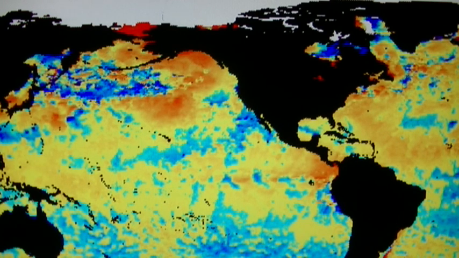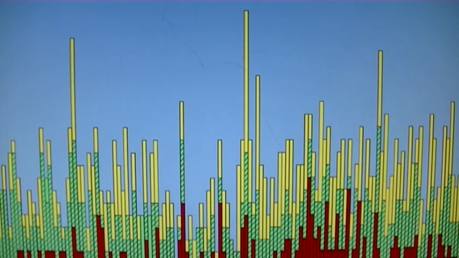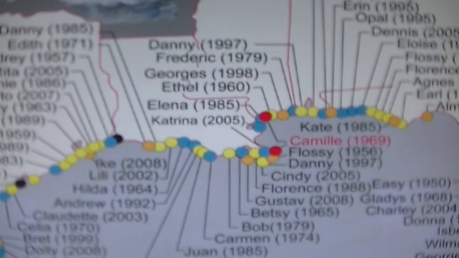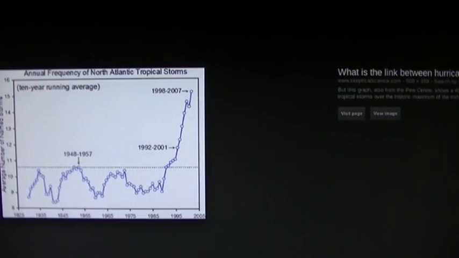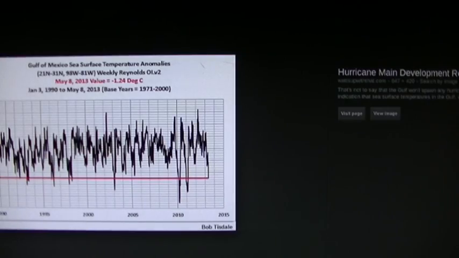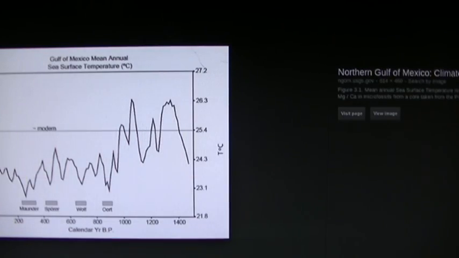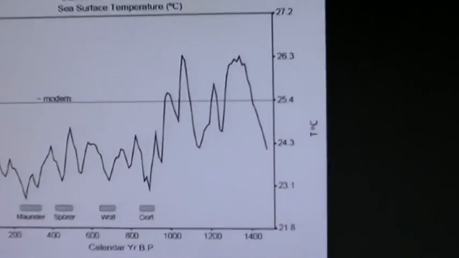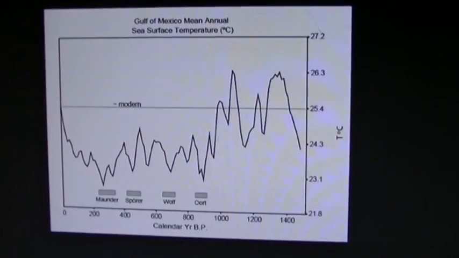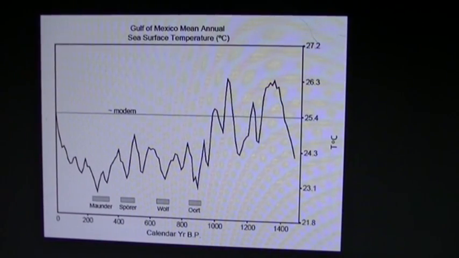In fact, if we look back, really an old historical chart would be, hopefully this, no, okay, not this one, okay, this one. Gulf of Mexico mean annual sea surface temperature.